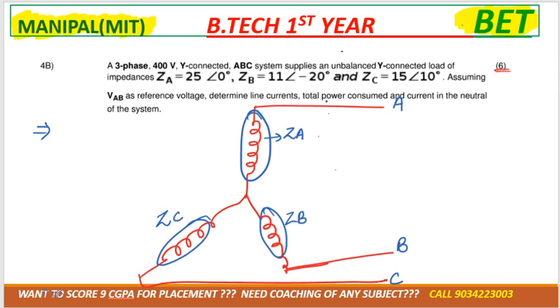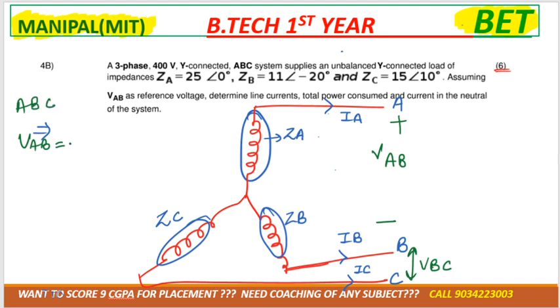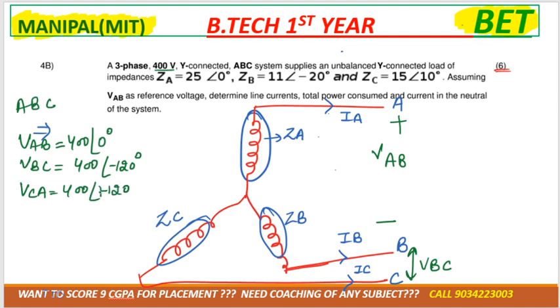The current flowing here would be IA, here IB, and here IC. Voltage across A and B would be VAB, and voltage across BC would be VBC. As you know the sequence of ABC, AB voltage is 400 angle 0 degree, VBC 400 angle minus 120 degree, VCA 400 angle plus 120 degree, correct?